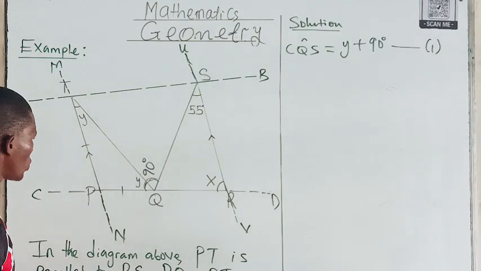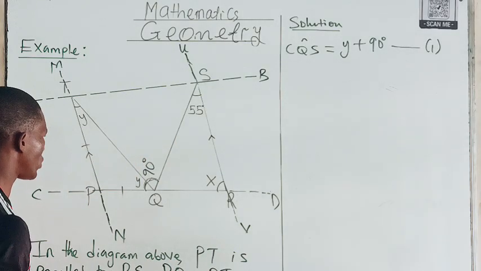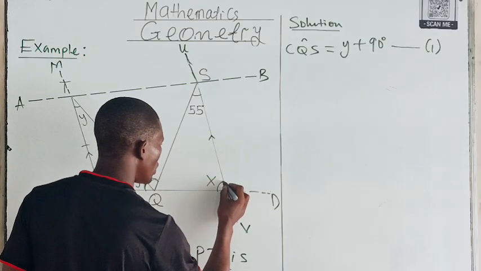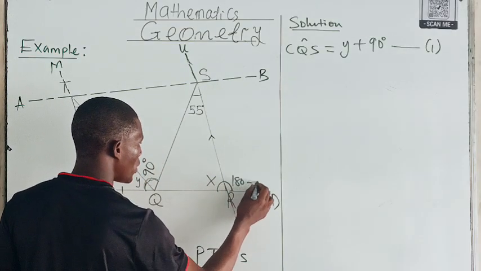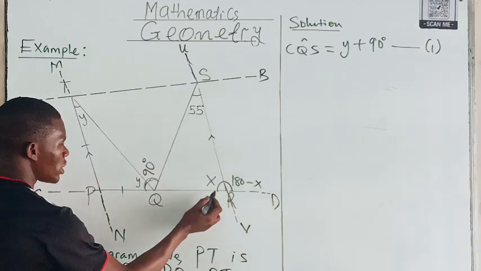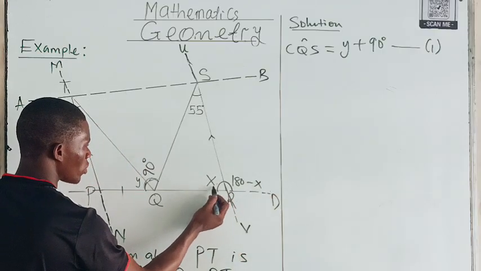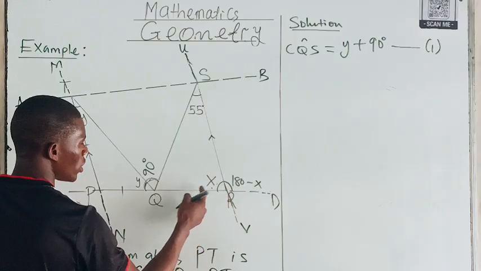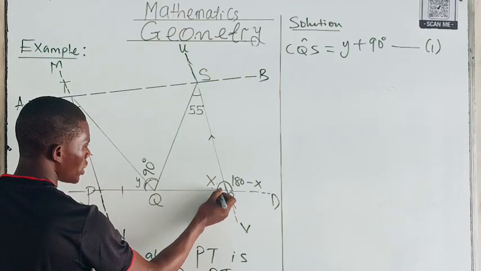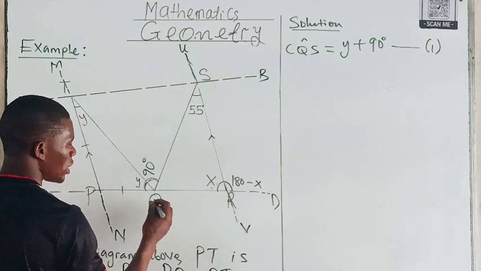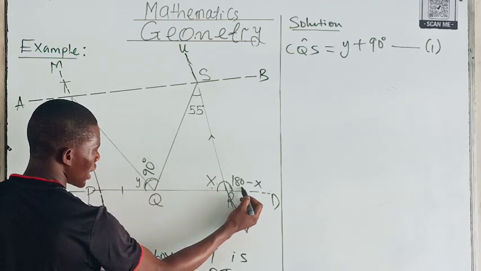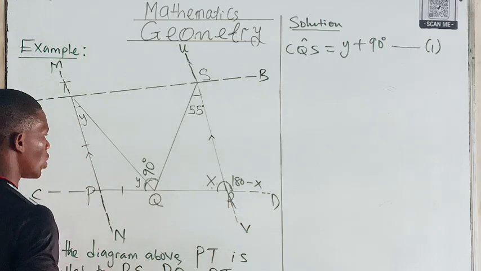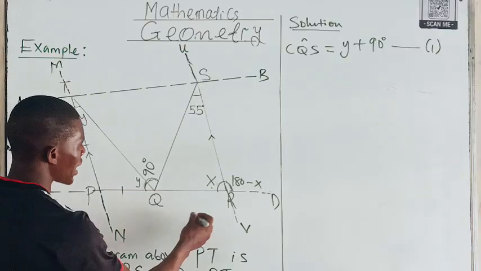And then also this place will be 180 minus x, because the sum of angles on a straight line is 180. Remember I told us that the sum of angles on a straight line is 180. So to get this place, we subtract x from 180. That will give us this angle here.